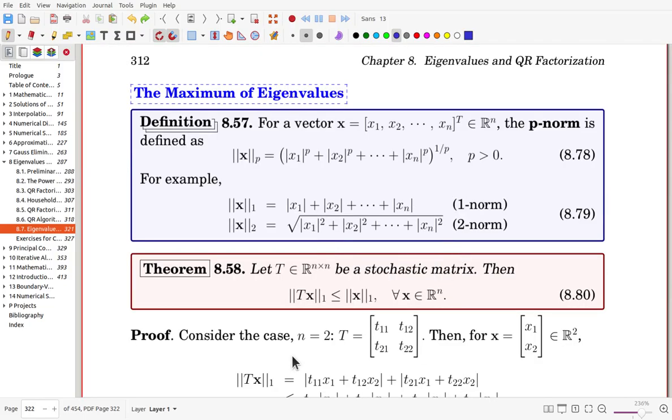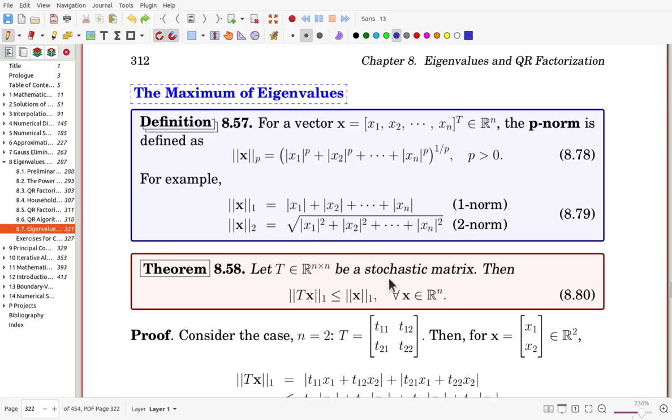Now we will try to figure out the eigenvalues and eigenvectors of such a stochastic matrix. P-norms are already defined. For example, the vector x 1-norm is the addition of absolute values of entries, and the 2-norm is the Euclidean norm.